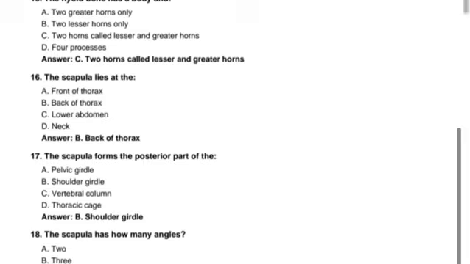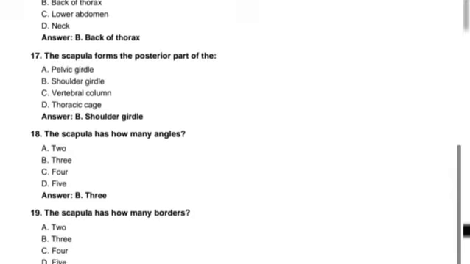Question number 15. The hyoid bone has a body and option A 2 greater horns only, option B 2 lesser horns only, option C 2 horns called greater and lesser horns, option D 4 processes. The right answer is option C 2 horns called lesser and greater horns. Question number 16.